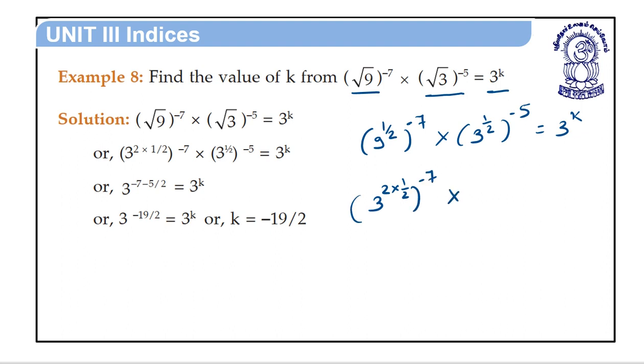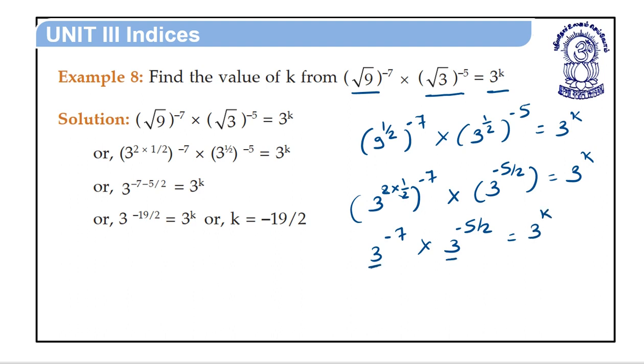So 3 raised to minus 7, into 3 raised to minus 5 by 2, is equal to 3 raised to k. Here 2 cancels. So 3 raised to minus 7 into 3 raised to minus 5 by 2 is equal to 3 raised to k.